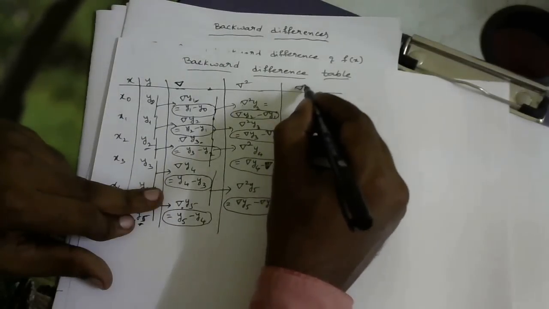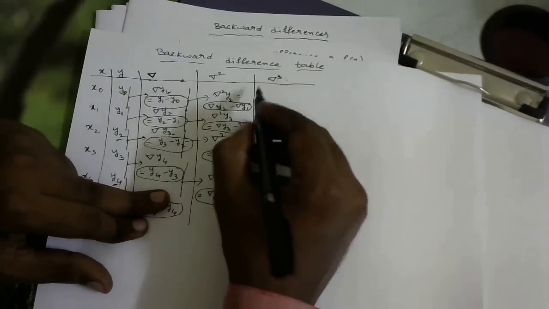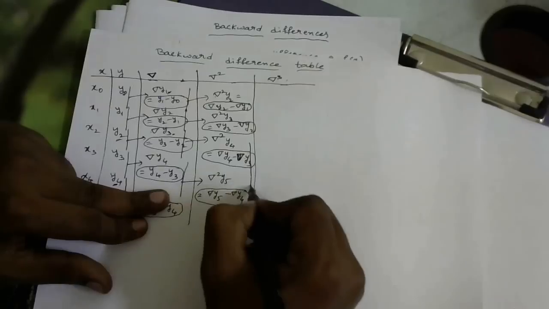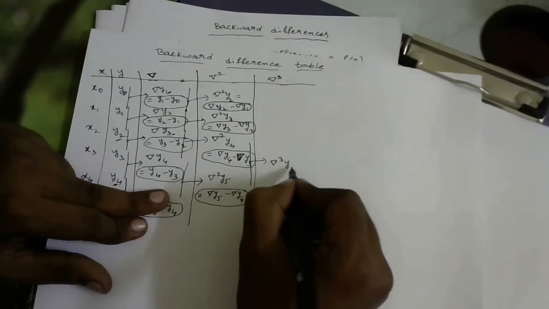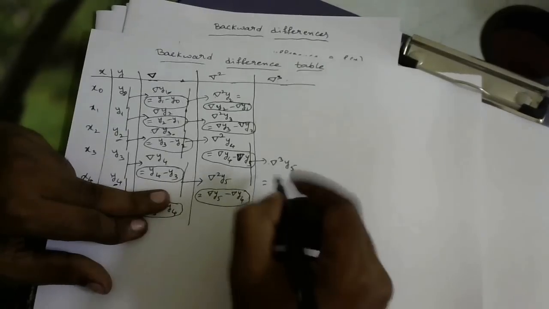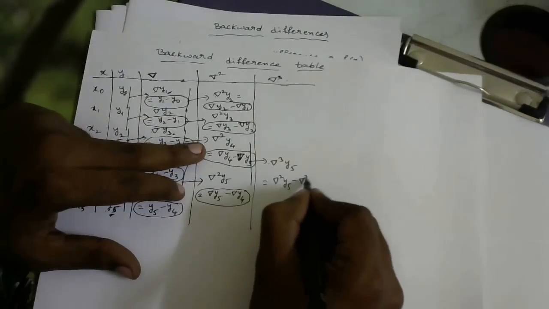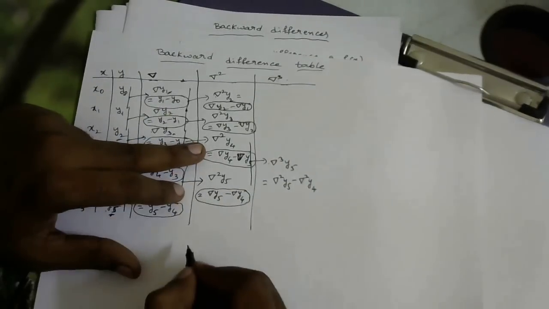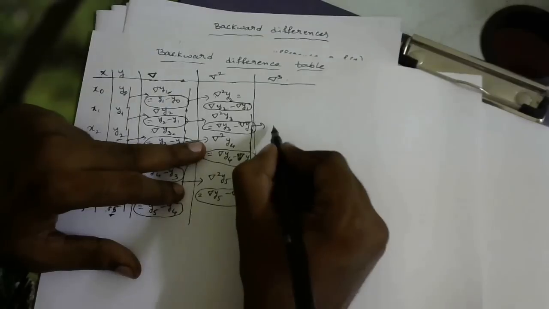Del cube, the third difference, means here you also start from the bottom. Del cube y5 equals del square y5 minus del square y4.